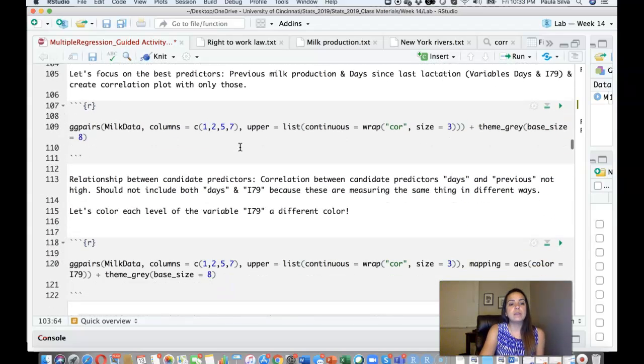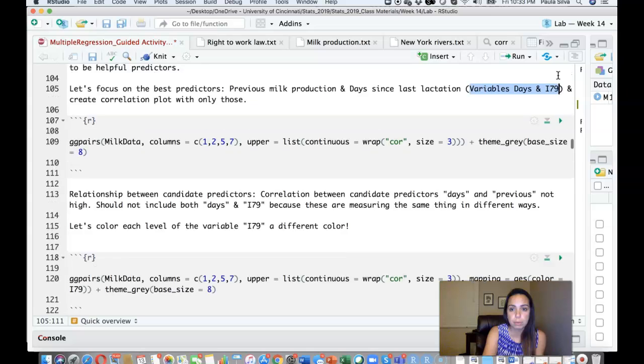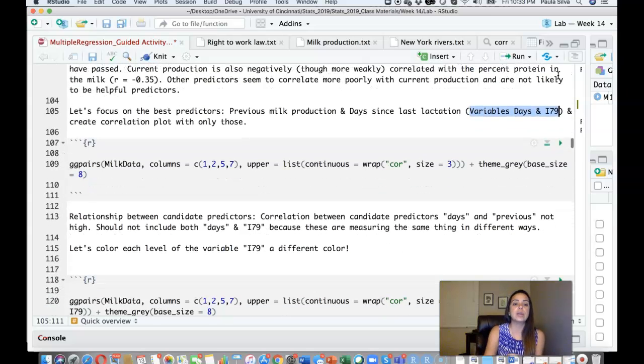Let's focus on these best predictors then, previous milk production and days since last lactation. There are 2 options here for us in terms of picking variables. We can pick days, which is a continuous variable, or we can pick I79, which is a categorical variable, and create a correlation plot with only those, right?